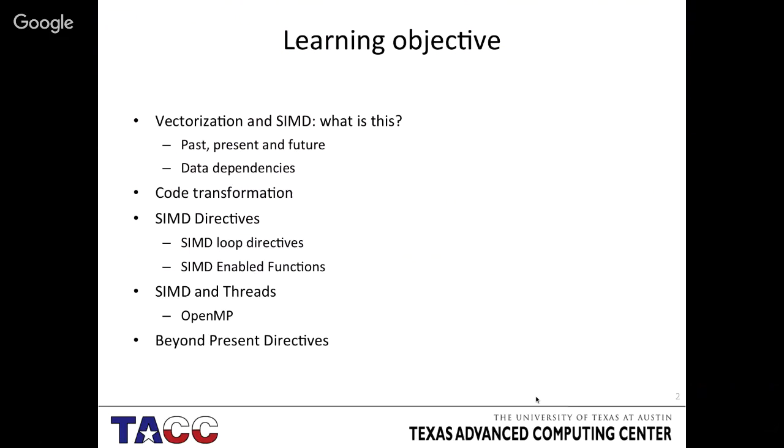directives that OpenMP has recently come up with for having loops vectorized or SIMDized, and then how to create functions that can be used within loops and actually get vectorized, basically inlined as vectorizable units of work.